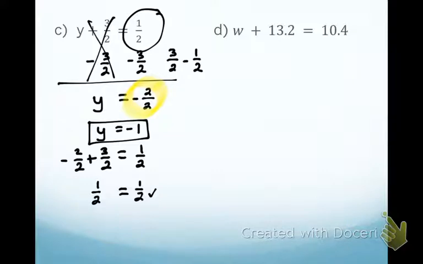All right, for problem D, decimal problems, you're still going to do the same exact idea. First off, identify the variable. Brody, what is it? W. What's not allowing W to be alone? Plus 13.2. How do I get rid of it, Brody? Use an inverse operation. What's the inverse operation of plus 13.2?